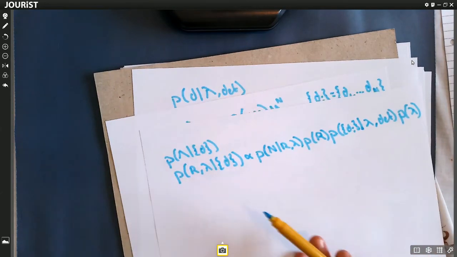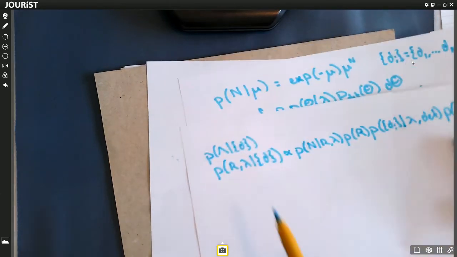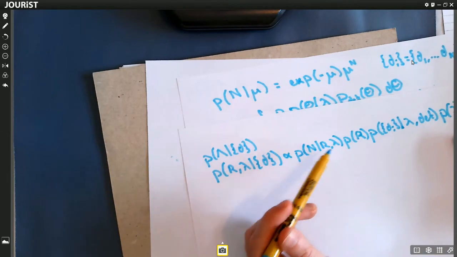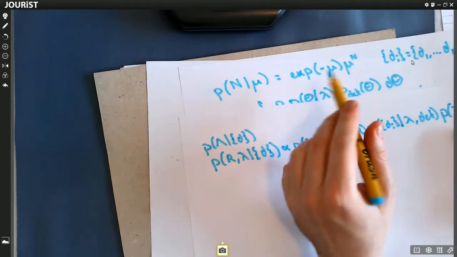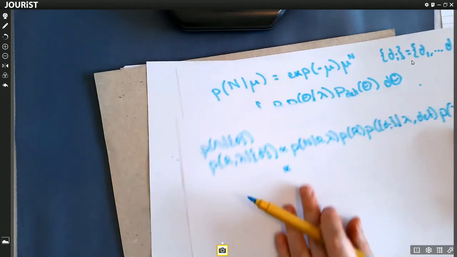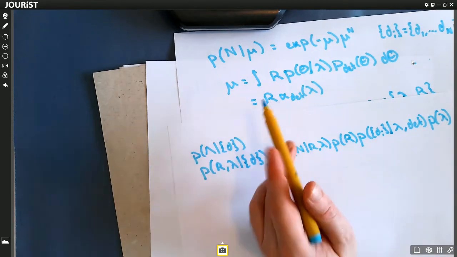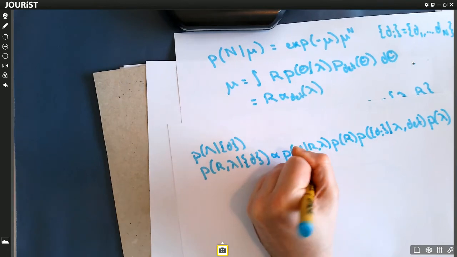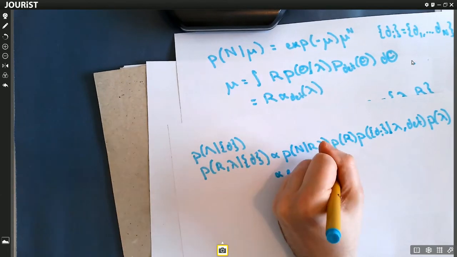So let's substitute things in now. We know that our probability distribution here, the probability of getting n given R and our shape parameters, is given by the exponential of minus mu times mu to the n. And we know that mu is R times alpha. So we're going to have the exponential of minus R alpha_det.